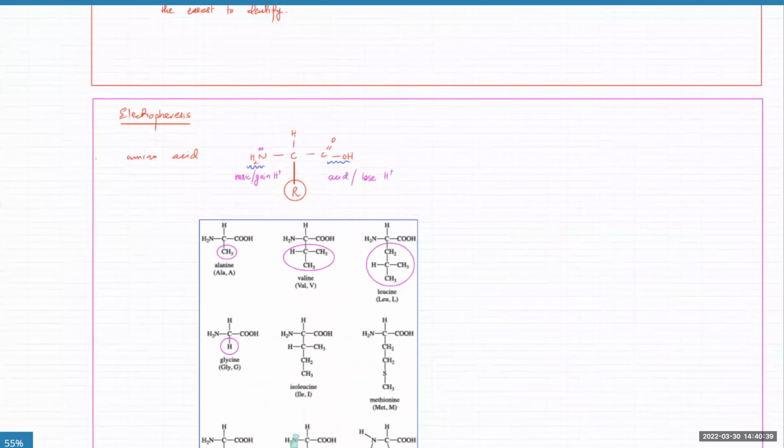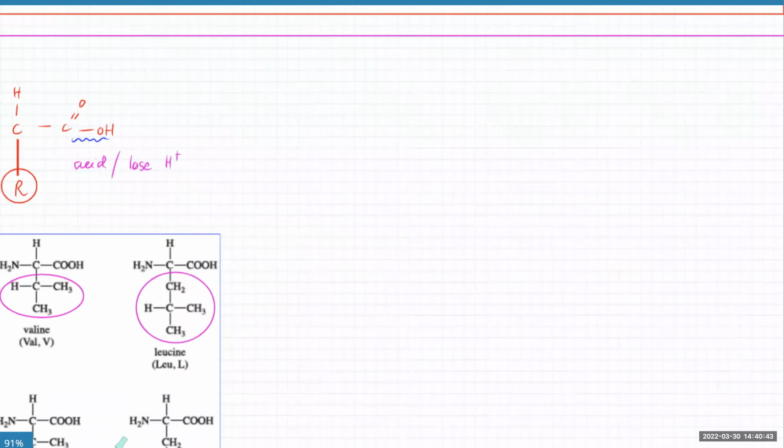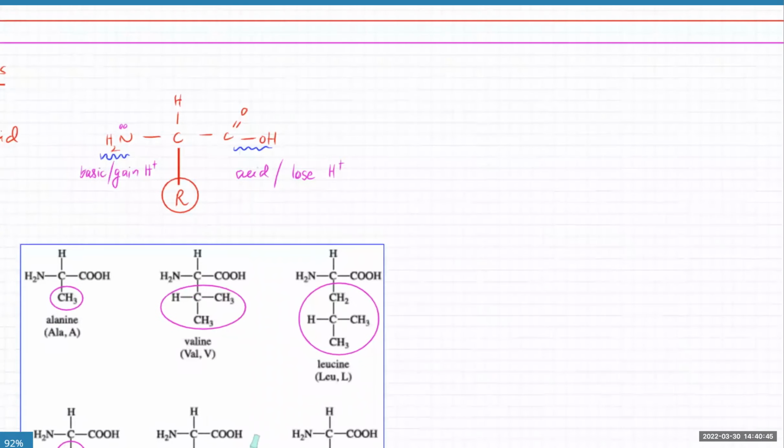Now remember, amino acids can form zwitterions. What is a zwitterion? A zwitterion can lose H+ and it can gain H+. Both things can happen.